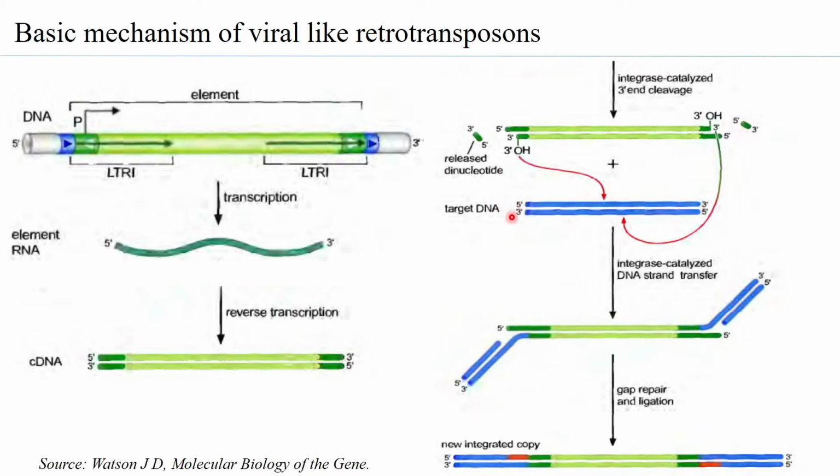So, for it to be integrated into the target DNA, it is the integrase enzyme that catalyzes first the 3' end cleavage of the transposon. So, a dinucleotide is released from both the ends to create a staggered end, a very small staggered end, but the 3' OH of this is going to carry out a nucleophilic attack on a target DNA.